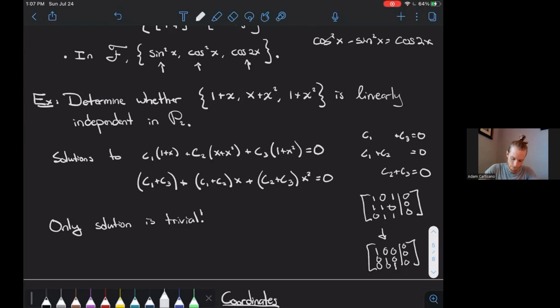And that's it. Notice, we could have done this much more directly by doing the trade-off. Trade off the first vector 1 plus x for the vector 1, 1, 0. Trade off the second vector for 0, 1, 1.